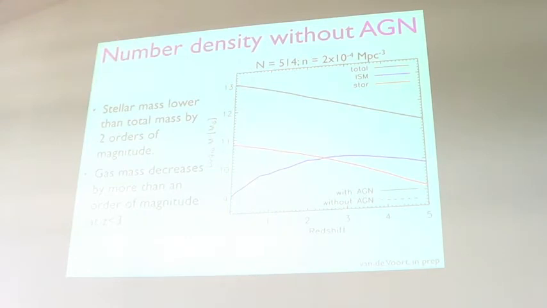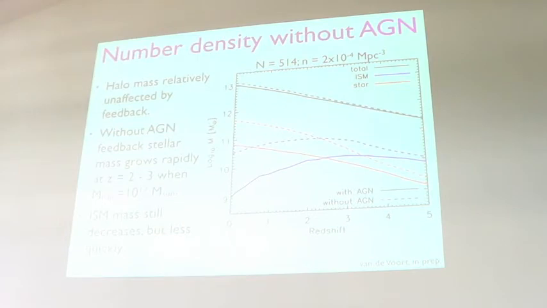But I would like to show the difference if I don't use AGN feedback. You can see that there's approximately no difference in the total mass, so dark matter is not very much affected. The stellar mass without AGN feedback is much higher.